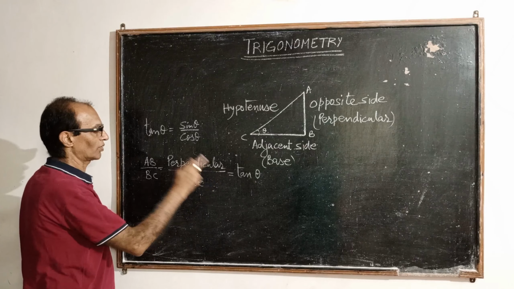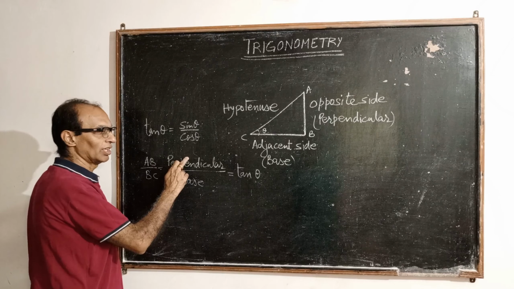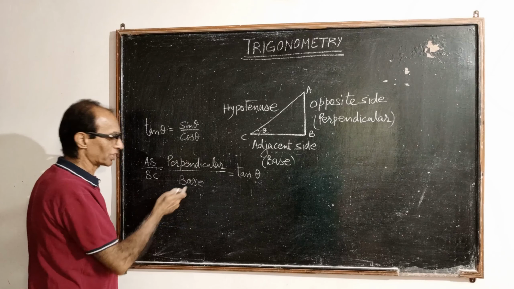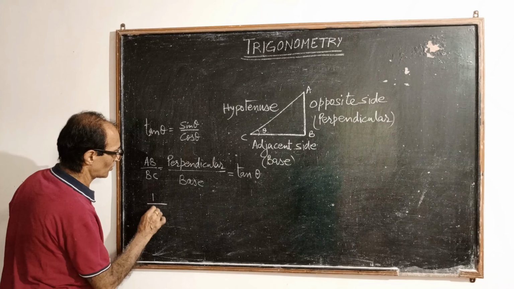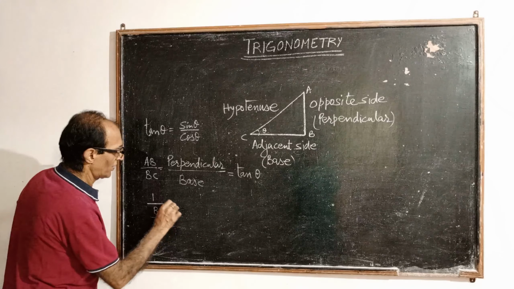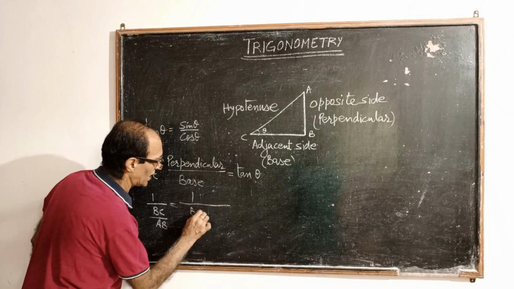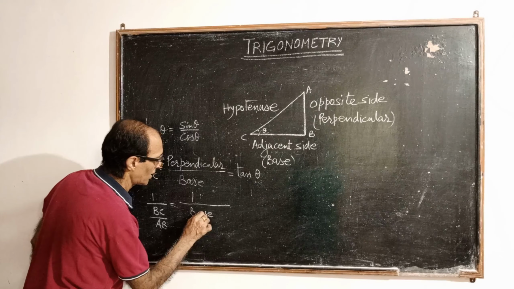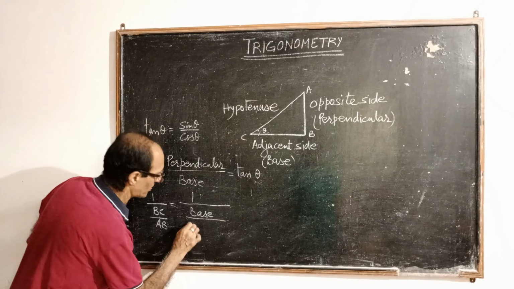Now what we are going to do is we are again going to change this perpendicular from numerator to the denominator of denominator. Then what we get is that this is 1 upon BC upon AB. That means this is 1 divided by base divided by perpendicular.